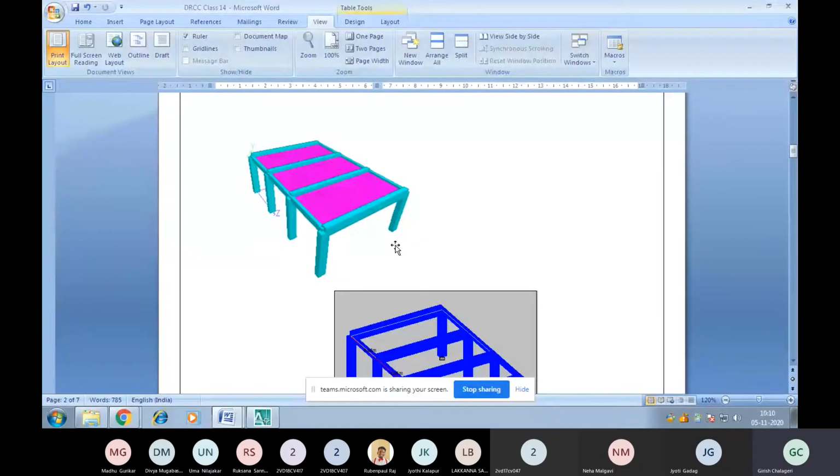Since it is 8 by 4, that is Ly is 8 meters and Lx is 4 meters, Ly by Lx is exactly 2. Definitely the slab is designed as a one-way slab. Since the slab is continuous over the supports, we will design a one-way continuous slab. From the given data, the slab thickness is 120 mm.